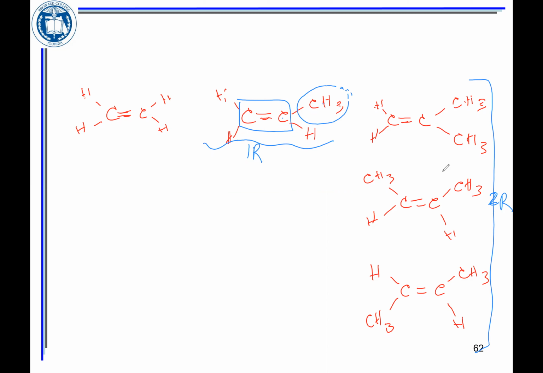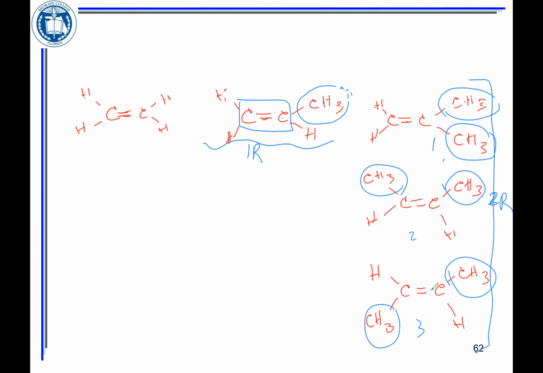For these three examples that I have on the right side, the 1, 2, and 3, these are two R groups attached to the CC double bond with three different arrangements. So you have a cis arrangement, two alkyl groups attached to the CC double bond, a trans arrangement, and then you have a geminal. Okay. So these are 2R.